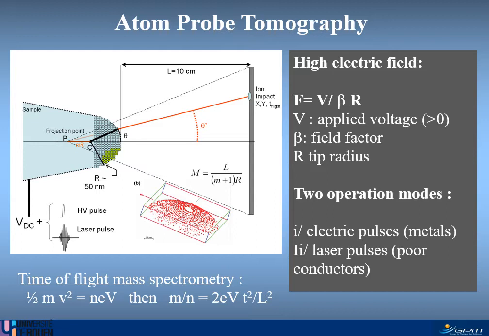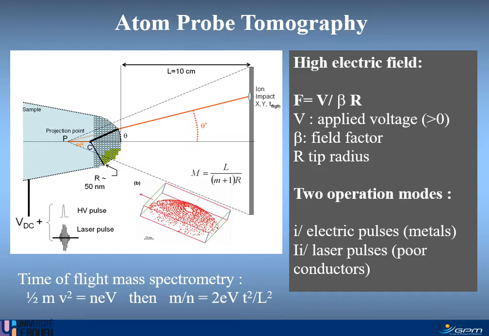That means atoms are stable at the tip surface. This tip is in vacuum, you have no imaging gas. This is not field ion microscopy. You are in vacuum, typically 10 to the minus 9, 10 to the minus 10 torr, and so the atoms here are stable.